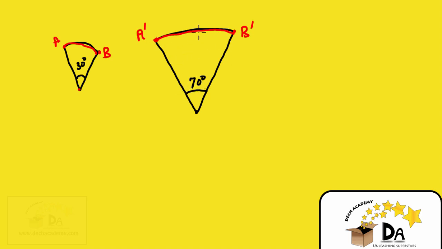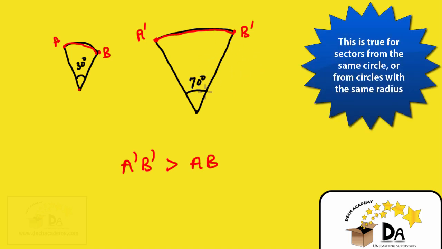Clearly, as you can see, the length of this arc A prime B prime is greater than the length of the arc AB. And the angle formed at the center of the sector that this arc belongs to is larger than this angle. So what I'm trying to say is the larger the angle formed at the center of the sector, the larger the length of the arc.